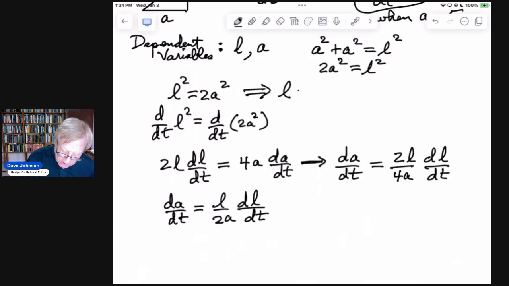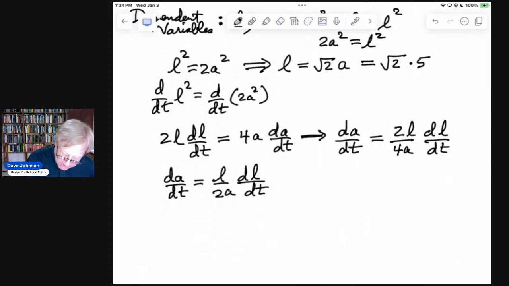So L, take the square root of both sides, we get the square root of 2 times the square root of A squared, which is A. And if A is 5, then we get the square root of 2 times 5, or 5 square root of 2. So now we can plug in. So dA/dt is 5 square root of 2 divided by 2 times A, but A is 5.